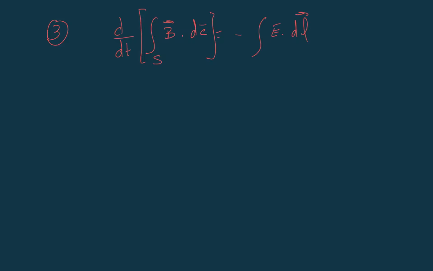And if we want to write this in differential form, it will be achieved by this: C is a closed curve of E scalar dl.